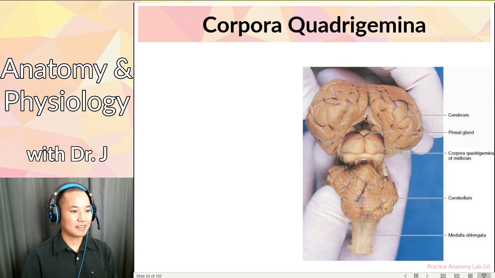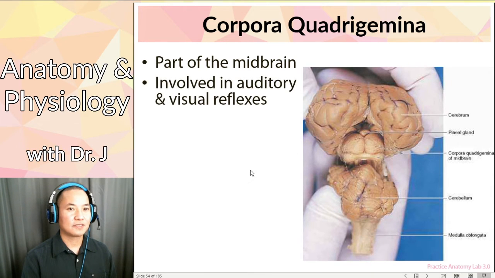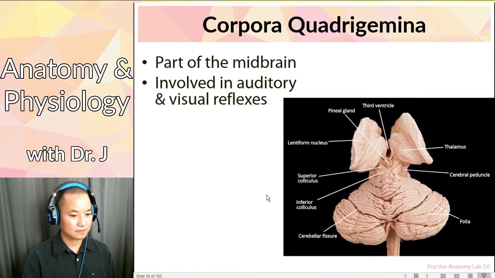But what we have here are the corpora quadrigemina. Quad means four, and corpora is a Latin term meaning body. So four bodies. These are part of the midbrain, and remember, the midbrain is involved in certain types of reflexes. So these corpora quadrigemina are involved in auditory and visual reflexes.